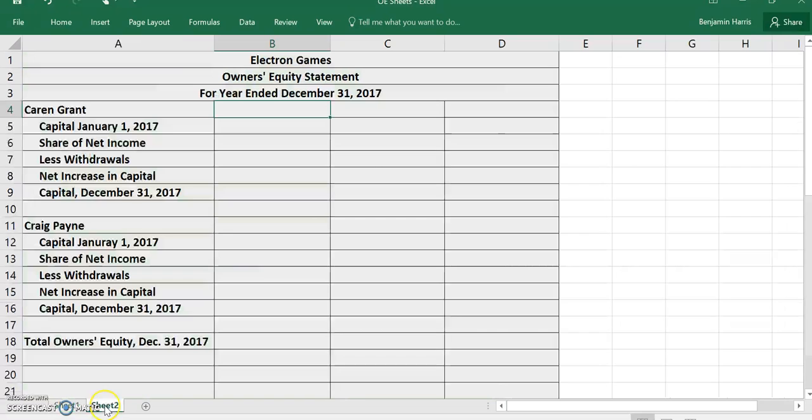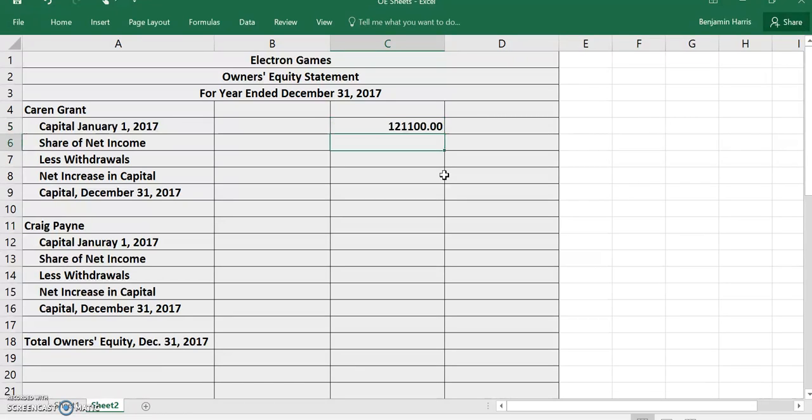All right, we're going to move on to sheet 2 of this same file, and we're going to see that Karen Grant has a couple of pieces of information, as does Craig, so we're going to fill this stuff in. Starting out with the year, we could find this from the trial balance section of the worksheet. Karen has capital as of the beginning of the year of $121,100.